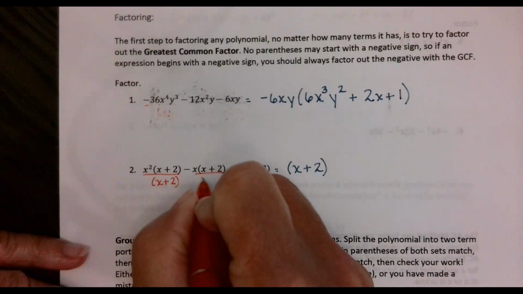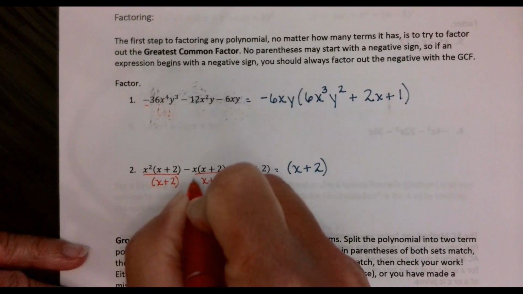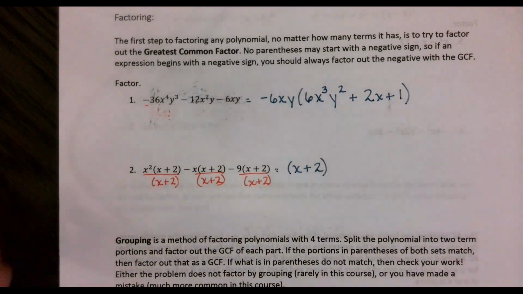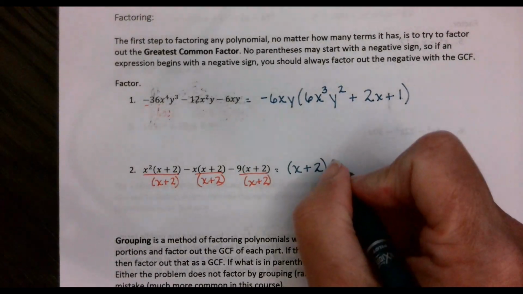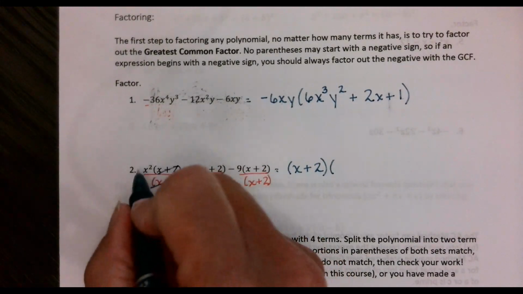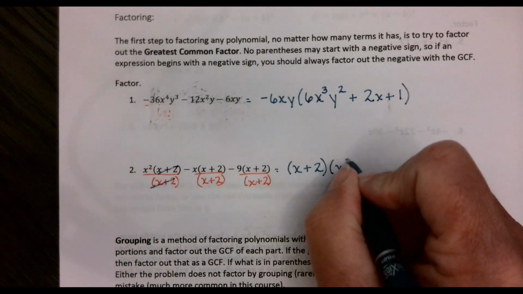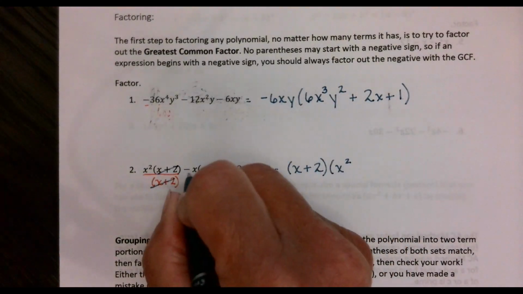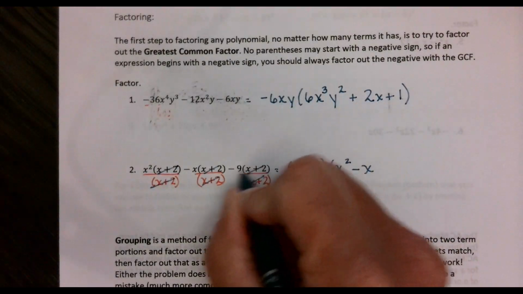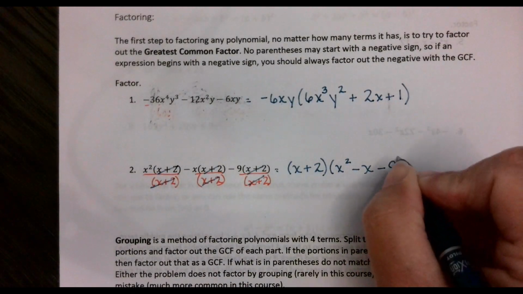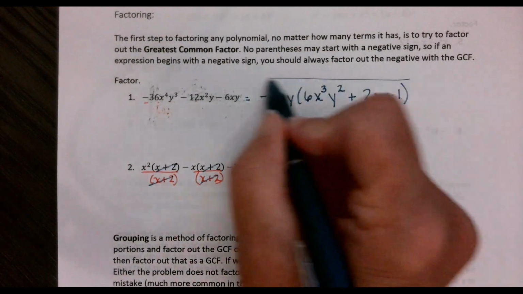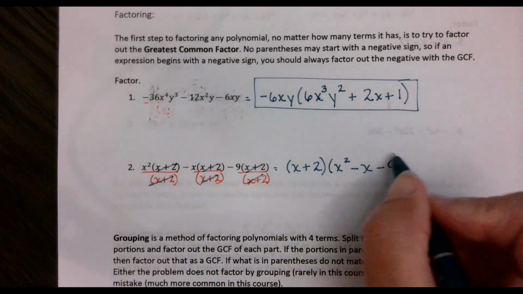Now you don't have to do this step. I'm only doing it because some people have trouble with this, and this is how I can show what to get in our other set of parentheses. This cancels to give us 1. 1 times x squared is x squared. This cancels to give us 1, and we have negative x. And this cancels to give us negative 9. Pretty easy.